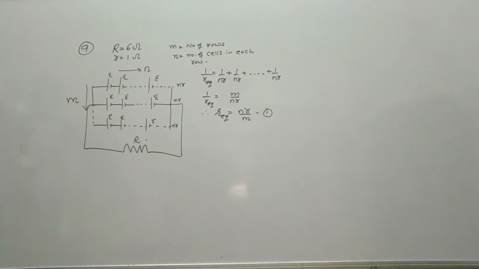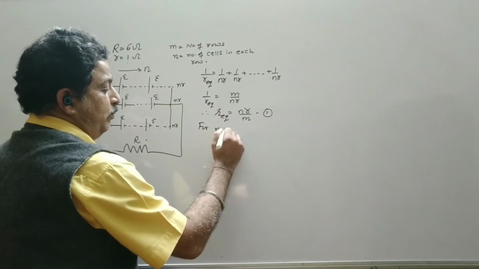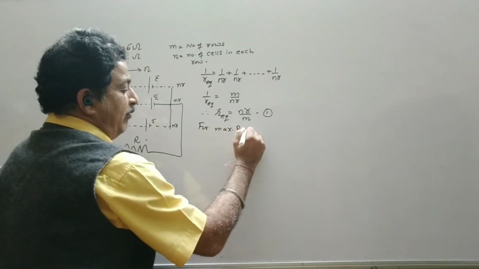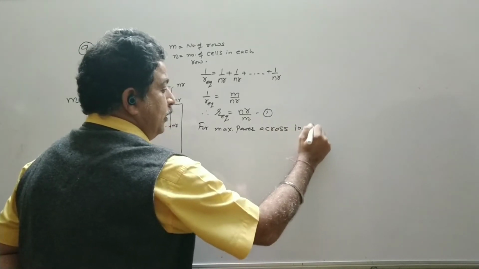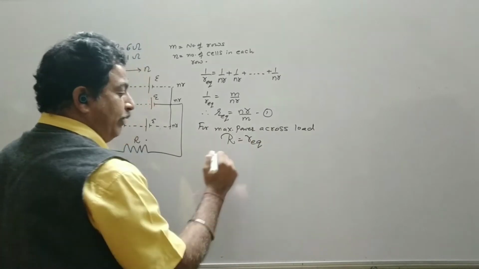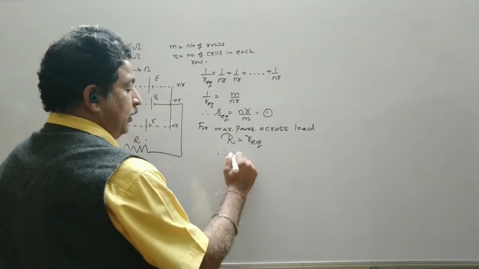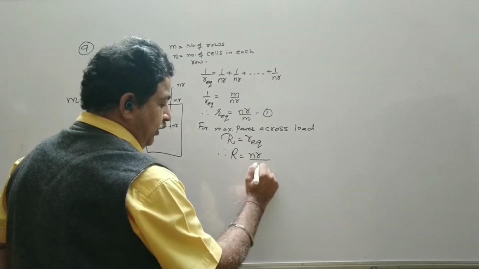Now for maximum power across the load, capital R should be equal to R equivalent, and therefore capital R is equal to nr upon m.